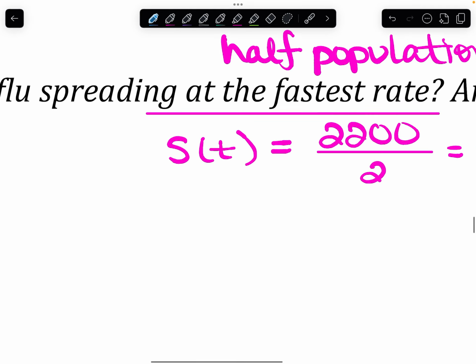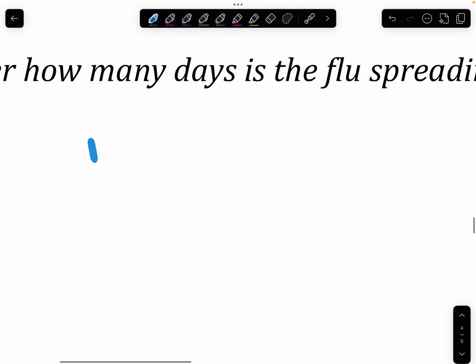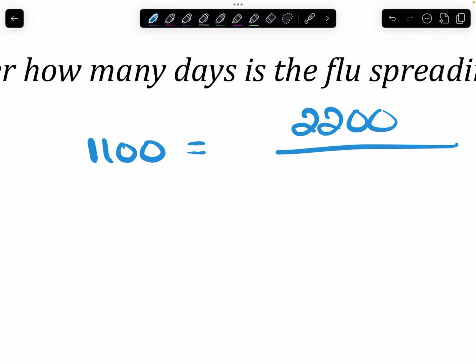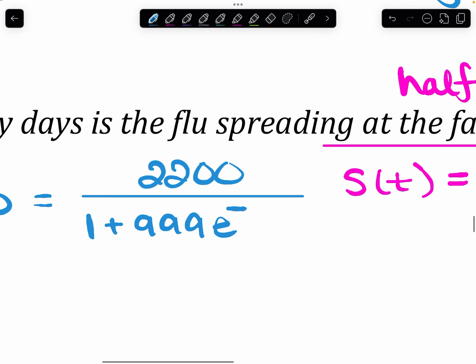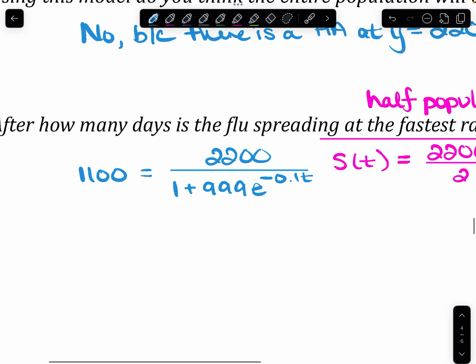So algebraically, we've got 1,100 equals 2,200 over 1 plus 999 e to the negative 0.1t. All right, so algebraically here, what has to happen is we've got to get that lovely denominator out. In order to get it out, you could do a little crisscross applesauce.